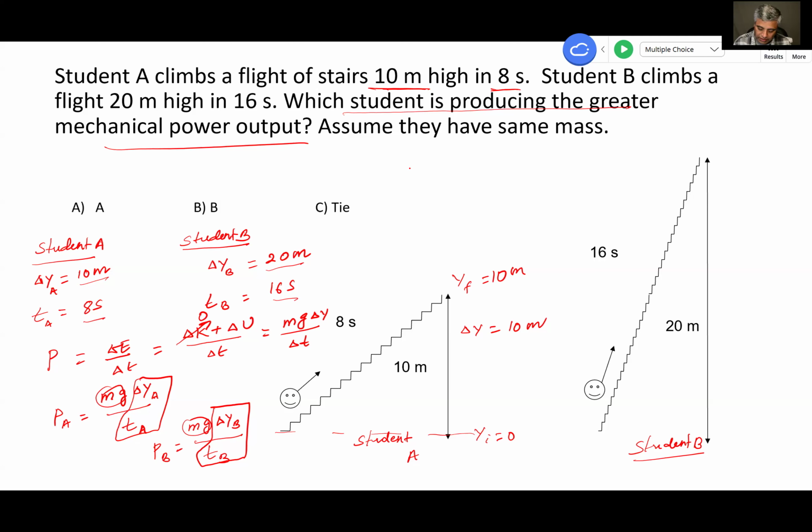So for example, if I divide PA by PB, power of A by power of B, let's write it down. mg delta y A over time interval for A, so that's power for A. I can divide that by power for B, which is a fraction of a fraction, so I can invert that fraction and write something like this.